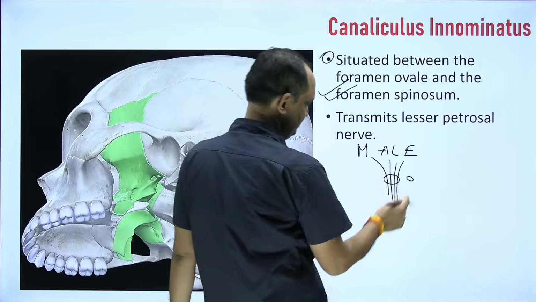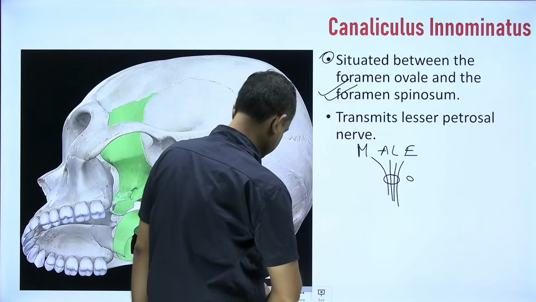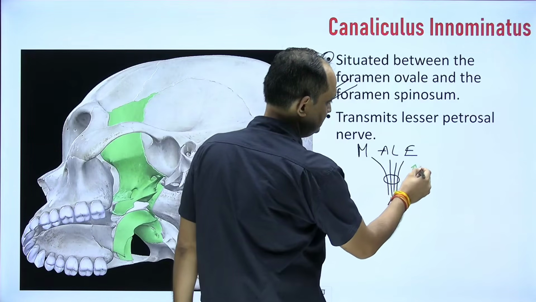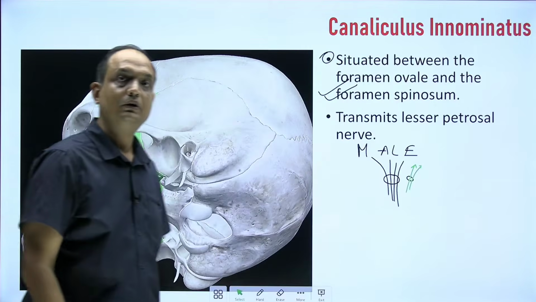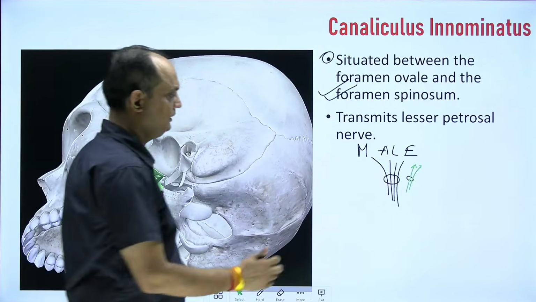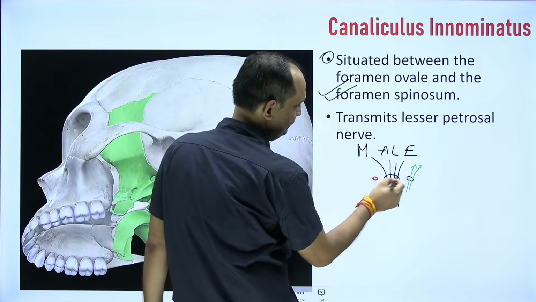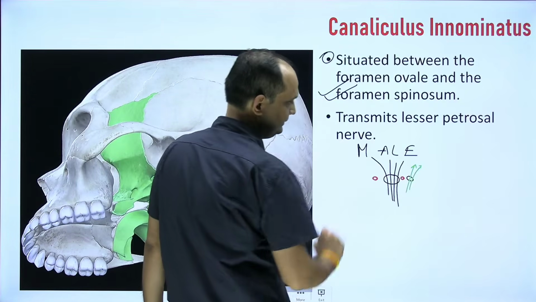And this is the foramen spinosum, and through the foramen spinosum you have two structures, middle meningeal artery and nervus spinosus. Now there are two more foramens. One foramen is present anterior to the foramen ovale, and one foramen is in between these two. Clear?